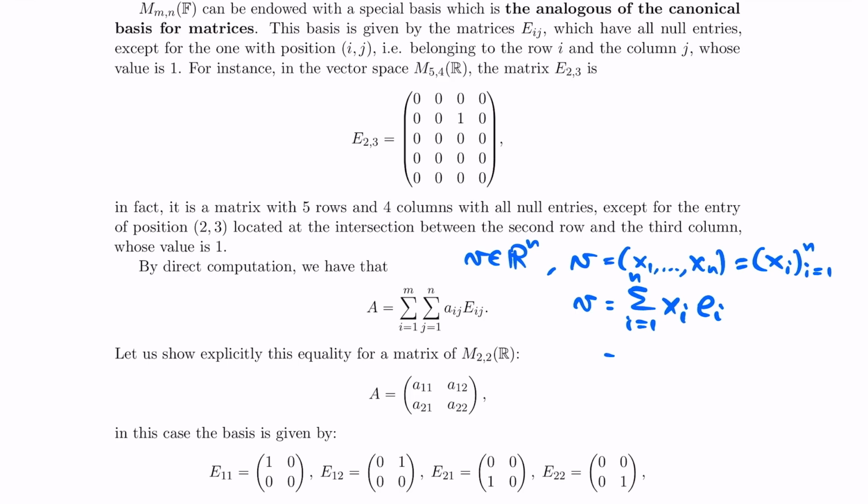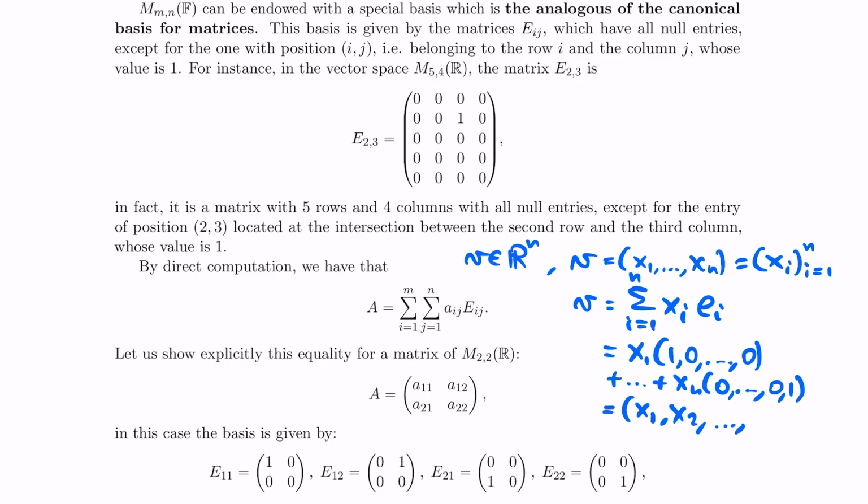Why that? Well, if you write x1 times a1, which is (1, 0, etc., 0), plus etc., plus xn times (0, etc., 0, 1), and you operate the sum, you have (x1, x2, etc., xn), which is exactly v.